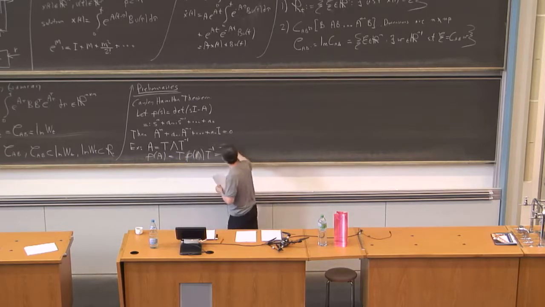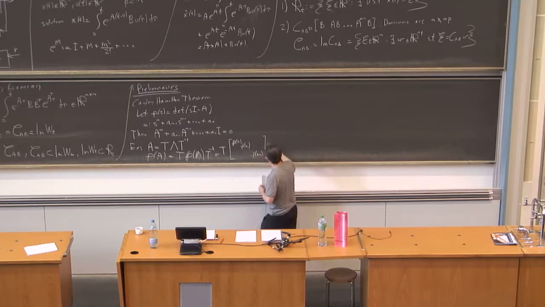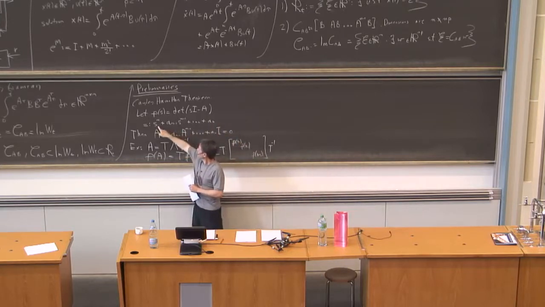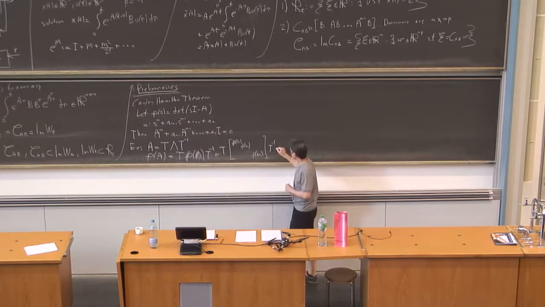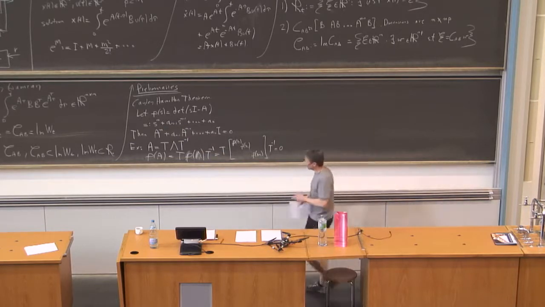This is the characteristic polynomial evaluated at lambda 1, at lambda 2, all the way to lambda sub n, times T inverse. By definition, these are the eigenvalues of matrix A, and eigenvalues satisfy the characteristic polynomial, so this is equal to 0. This is how you would have a simple proof for diagonalizable matrices.